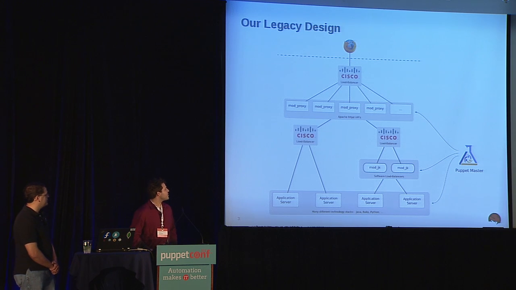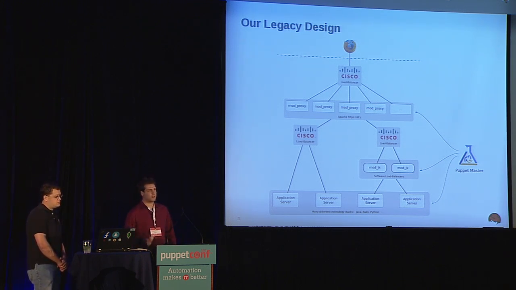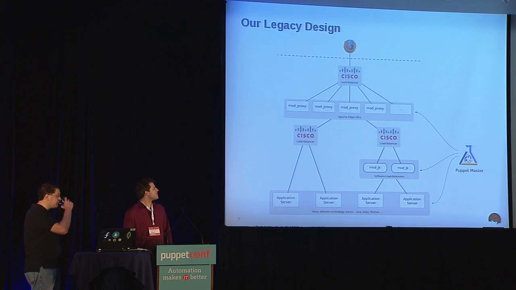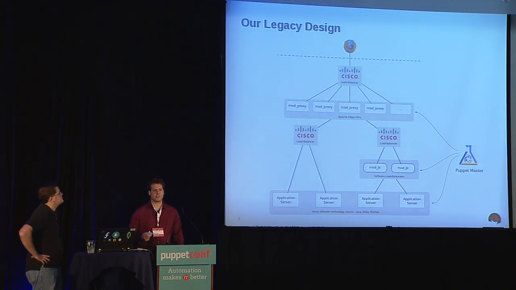So essentially, we start here with a request to the site from the internet. You're going to hit a Cisco hardware load balancer, which is going to distribute traffic across an Apache cluster. In addition to SSL termination and that sort of thing, it's going to perform layer 7 routing, including mod proxy.